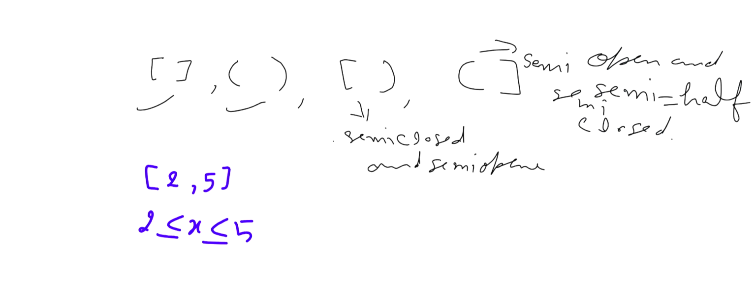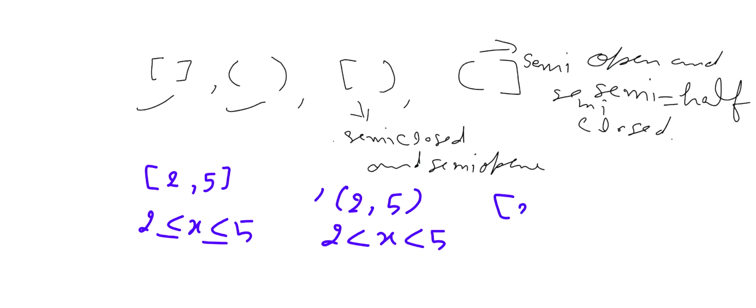If we write 2 comma 5 open, then we write 2 is less than x and x is less than 5, or we can read x is more than 2 and less than 5. And when we write semi-closed, semi-open, 2 is less than or equal to x, x is less than 5.